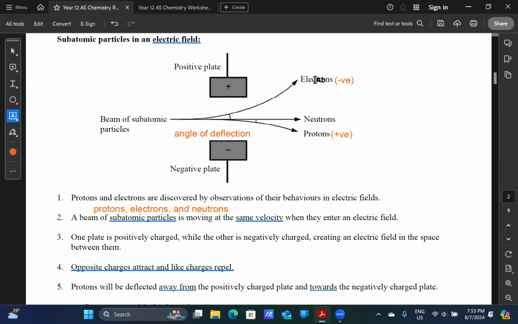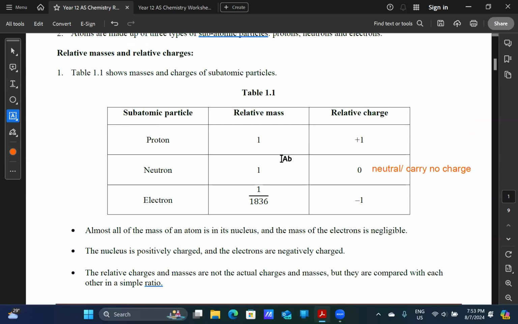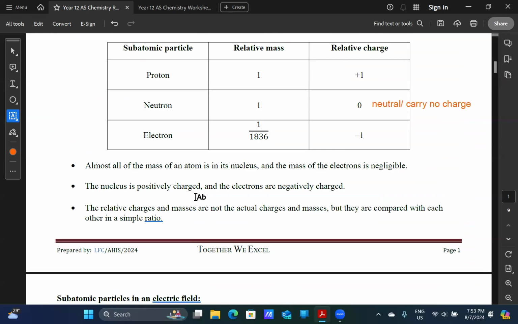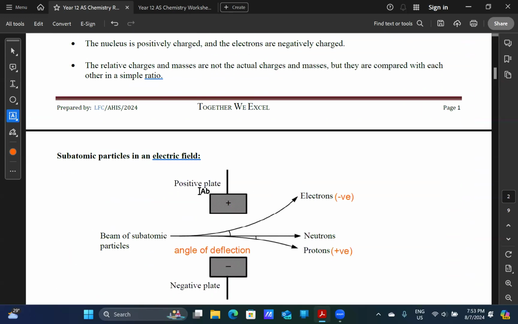Then you have to link with their mass. When we discuss their relative mass, electron is very much lighter compared to proton. As you can see, the ratio is 1/1836 for electron. It's very small in mass.